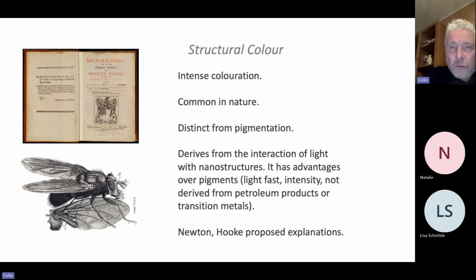And they already knew that it wasn't like a pigment, a dye, a conventional paint. So people have been working on this stuff at the level of optics for centuries. We'll talk maybe about why structural colour may have some advantages over pigments later, but for now, we've known about it for a long time in some shape or form.